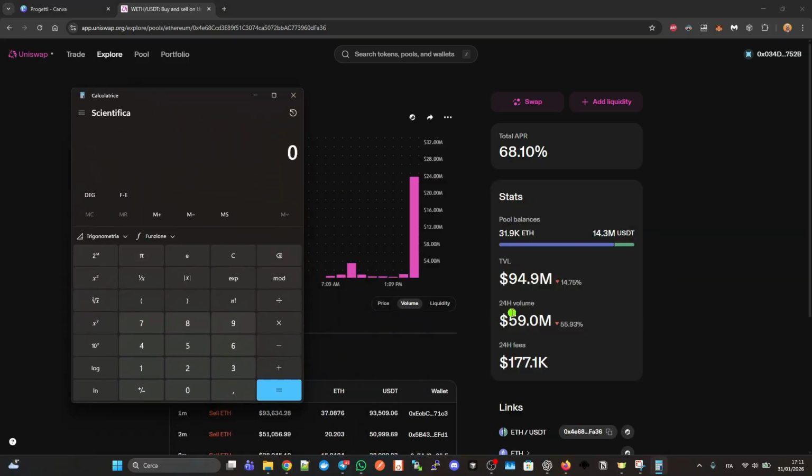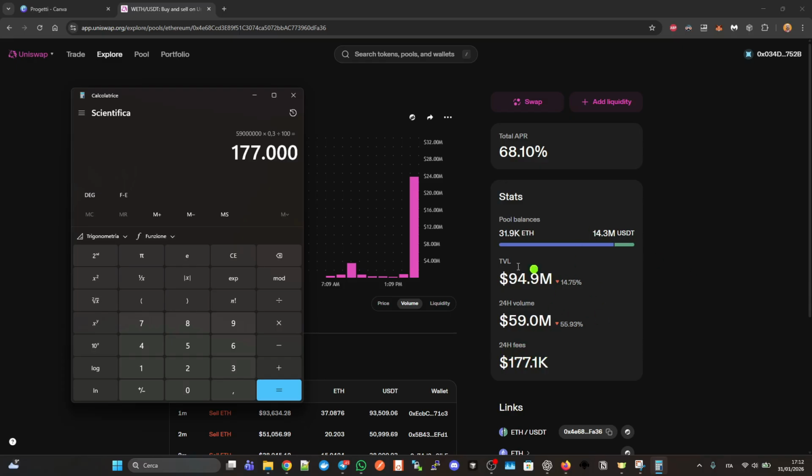Here, for example, you have a 24-hour volume of 59 million. Okay, you do times 0.3 divided by 100. Okay, and this is the fee earned by this pool during the day.